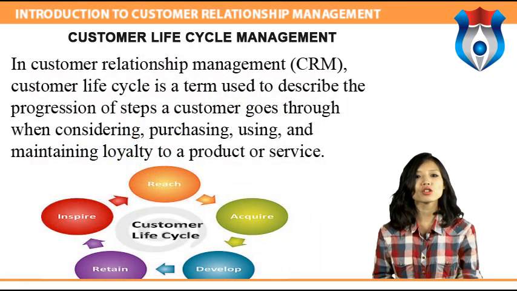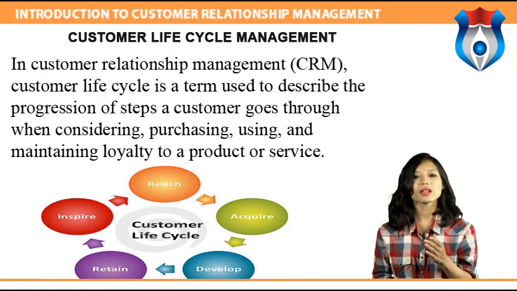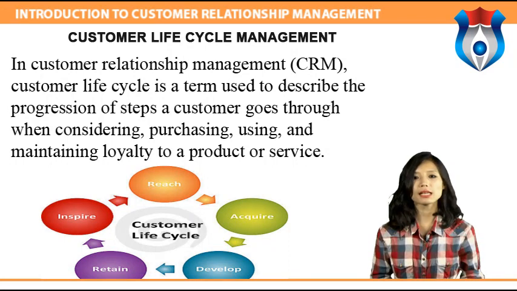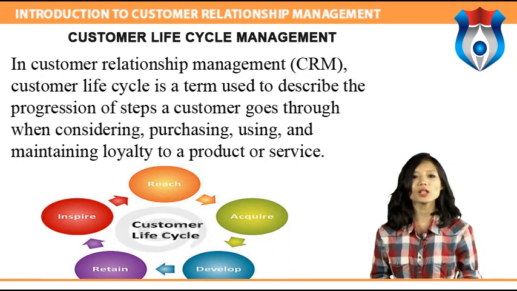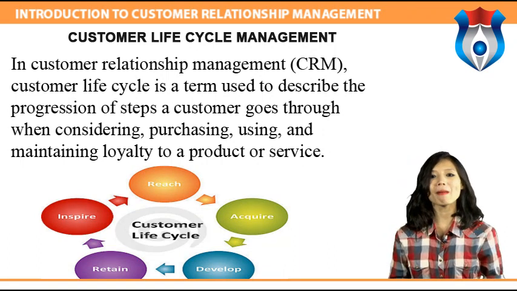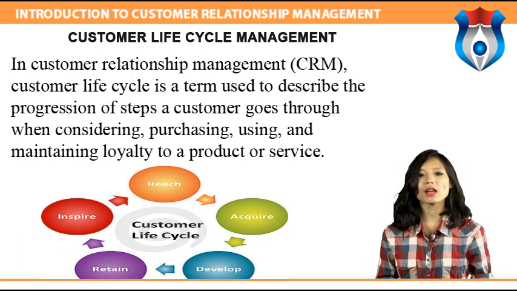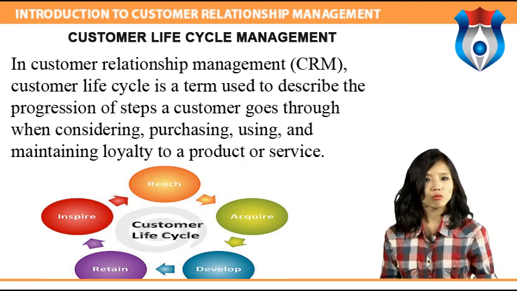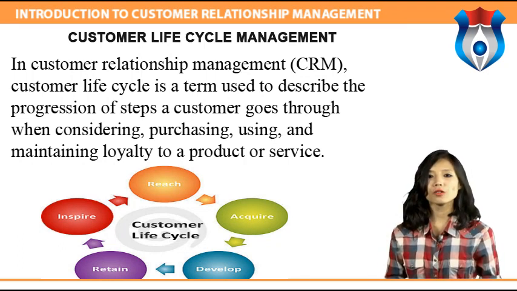In customer relationship management, the CRM customer lifecycle is a term used to describe the progression of steps a customer goes through when considering, purchasing, using and maintaining loyalty to a product or service. Marketing analysts have developed a matrix that breaks the customer lifecycle into 5 distinct steps: reach, acquisition, conversion, retention and loyalty.